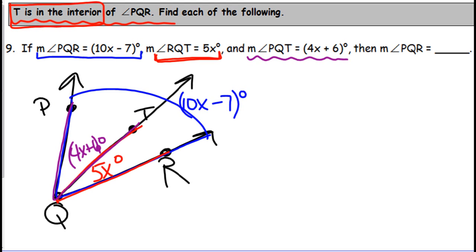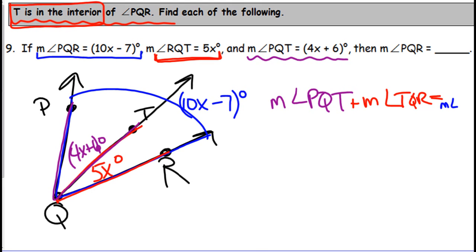In the angle addition postulate, part plus part equals whole. So the measure of angle PQT, the top part of that angle, plus the measure of angle TQR has to equal the measure of angle PQR, the entire thing.